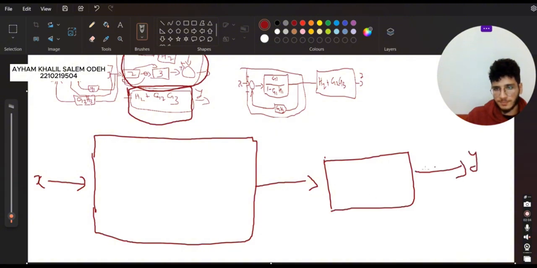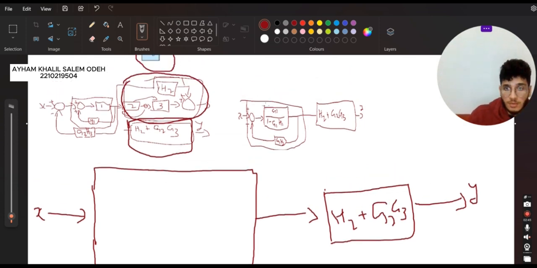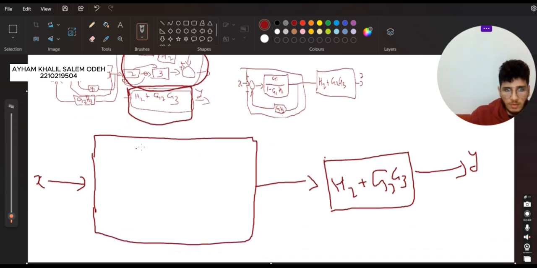Into Y. H2 plus G2 G3. Now this is the forward path and this is the feedback. Therefore, it's going to be G1 over 1 minus G1 H1, over this whole thing.